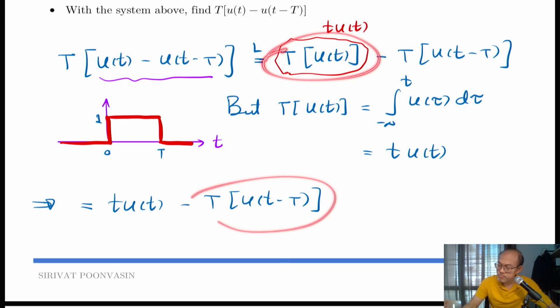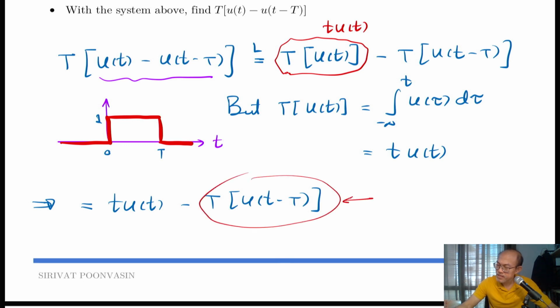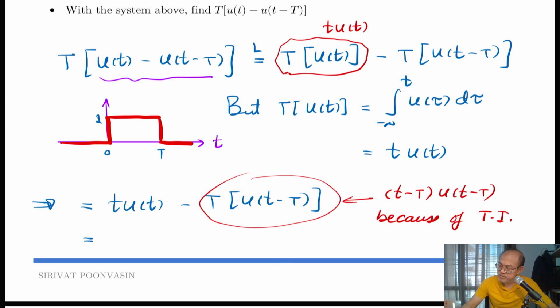So this one would have to be (t minus T) u(t minus T), because of the time invariance. So the output would be t u(t) minus (t minus T) u(t minus T). And this is the answer.